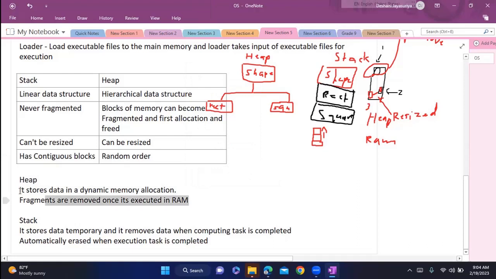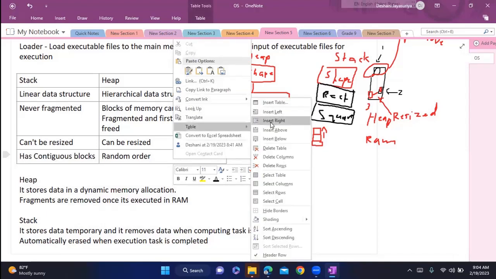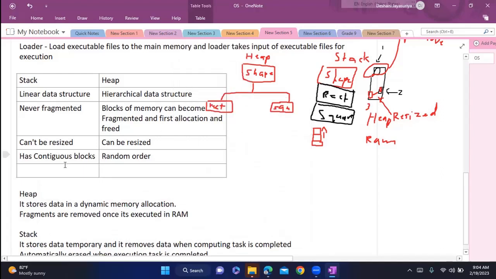You can easily do it with very good speed, right? So that's another thing that I forgot to add. So here you can add that heap is fast and stack is slow compared to heap, right? So another thing when you are executing things, this is important.